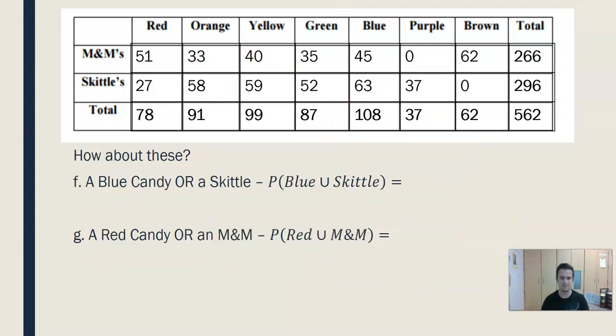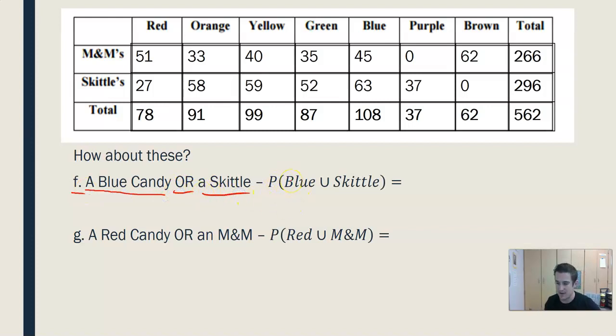of candy here. Okay, these ones are not in your guided notes if you're following along with my guided notes, but these are extremely important and helpful to be able to identify. So, F here says we're trying to find the probability of drawing a blue candy or a Skittle.